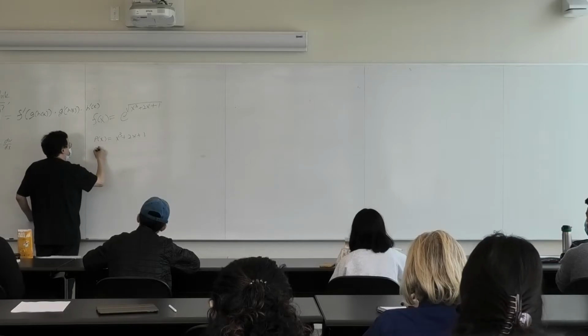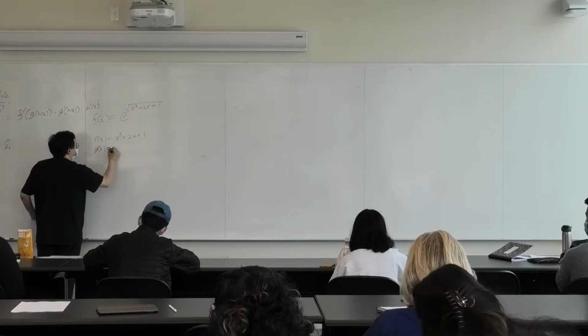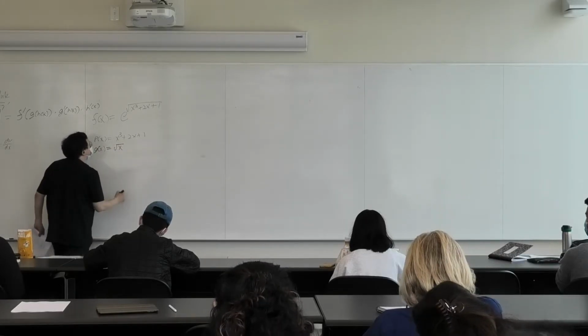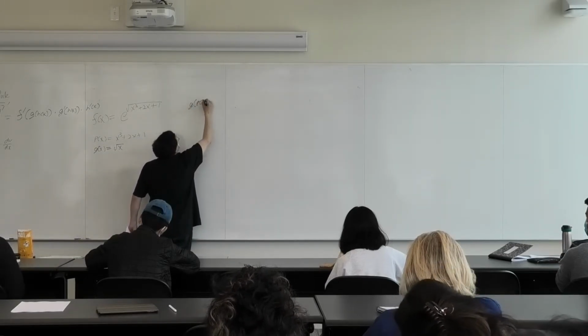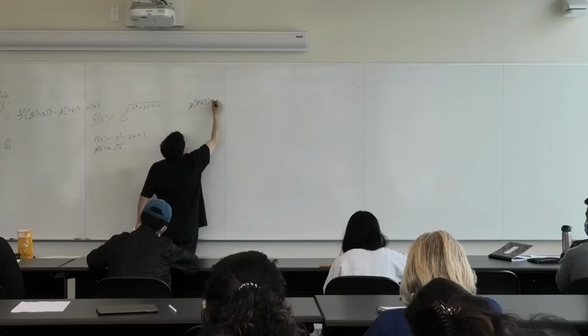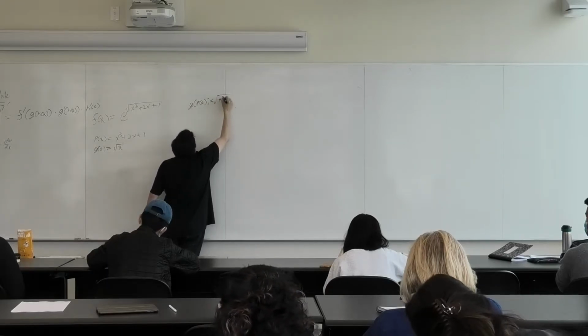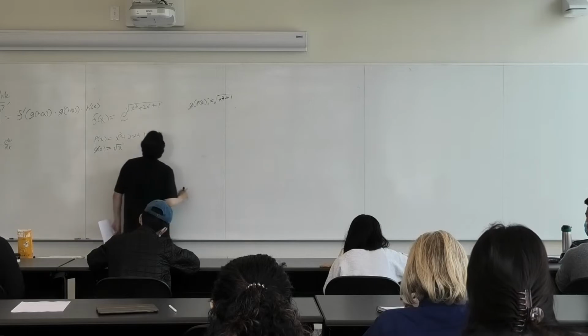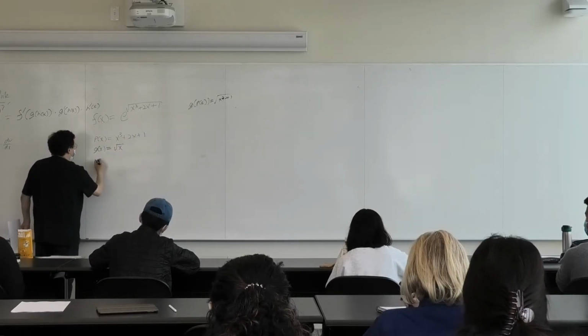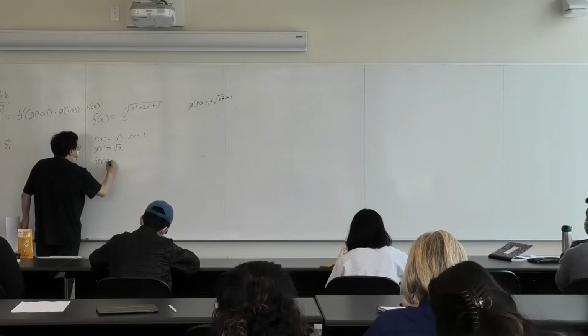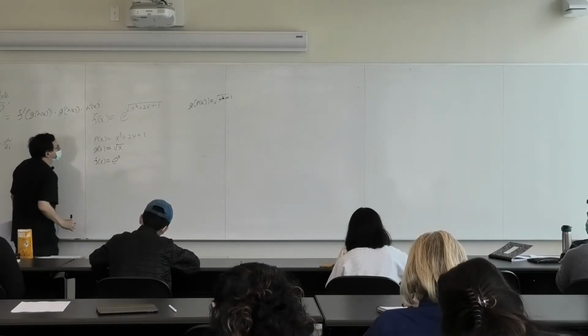So that can be our g of x. All right, so here we have g of p of x. That's our square root. But finally, we're raising this to e to the x. So our f of x can be e to the x.